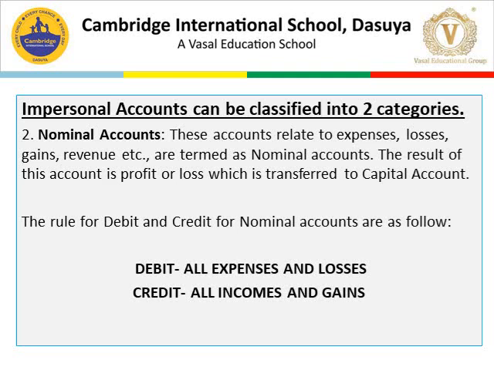When we use this account, whatever the difference comes out of all expenses and losses, all incomes and gains, that may be the profit or the loss, and whatever the result is, it will be added to the capital. Now the rule for debit and credit for nominal account is as follows. Debit all expenses and losses, credit all incomes and gains. So whatever the expenses and losses, we will debit, and all incomes and gains will be credited.